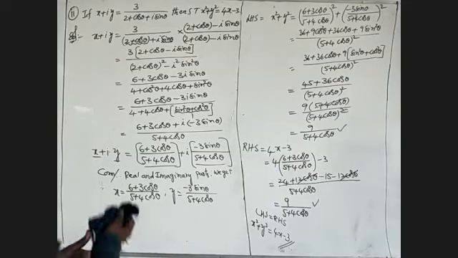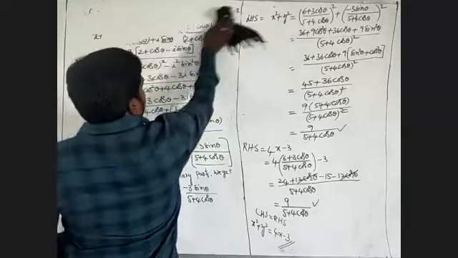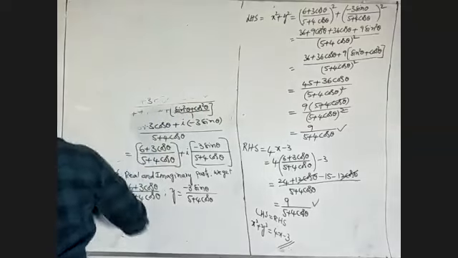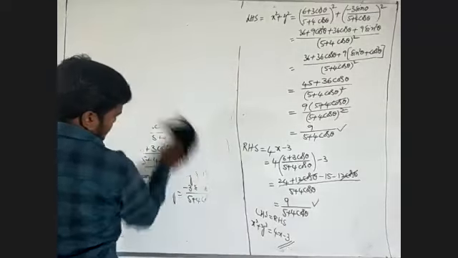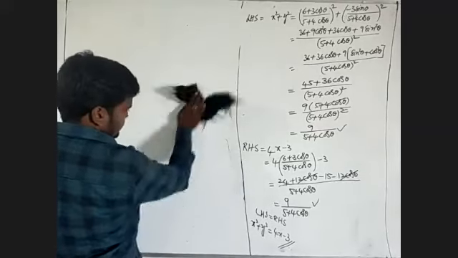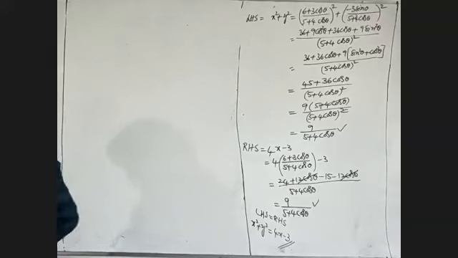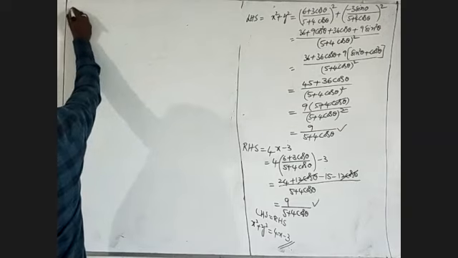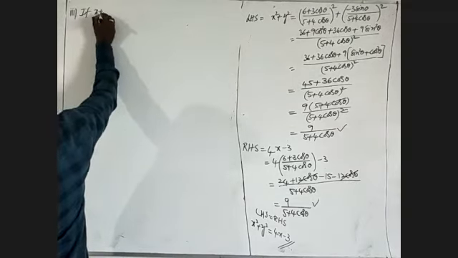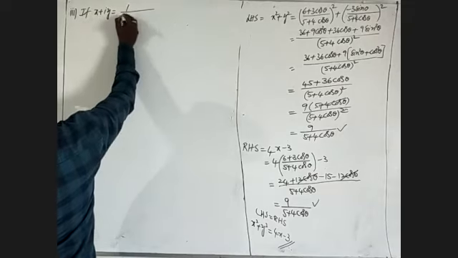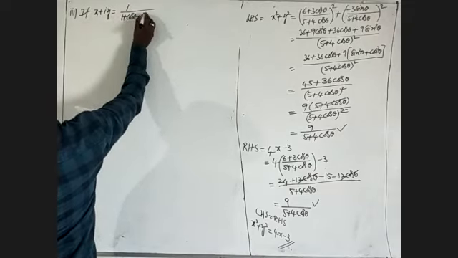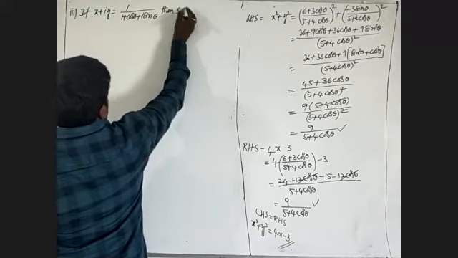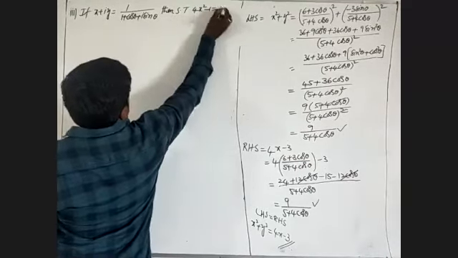Now I am going to the third problem in this section. If x plus iy is equal to 1 by 1 plus cos theta plus i sin theta, then show that 4x square minus 1 is equal to 0.